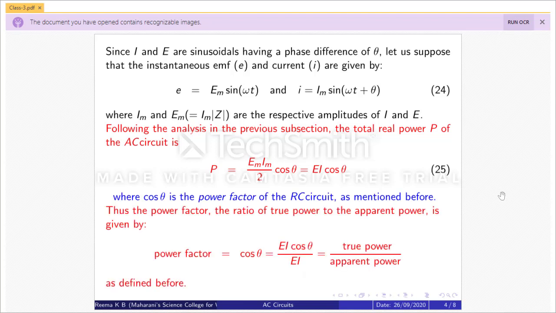Thus, power factor, that is the ratio of true power to the apparent power, is given by power factor is equal to cos theta, which is equal to EI cos theta divided by EI, which is equal to true power divided by apparent power as defined before.